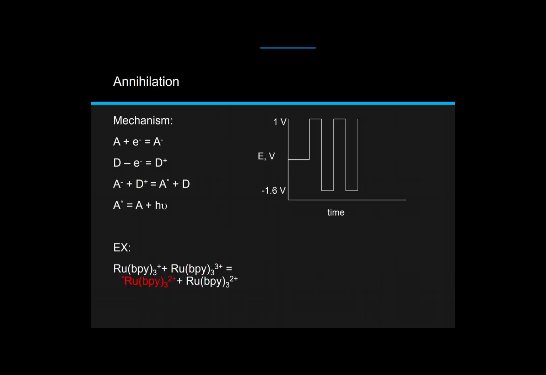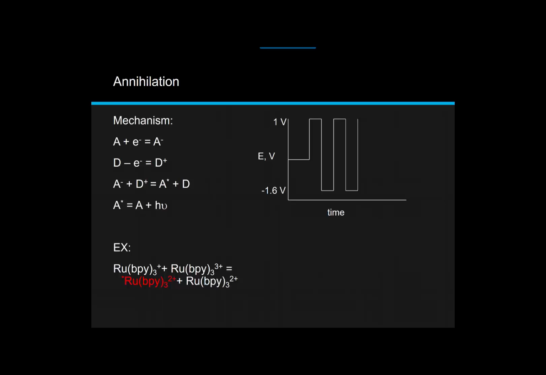And here on this slide, we do what folks often do and show a little asterisk to indicate the photoexcited species. Now, what we're going to do is we're going to carry out the process electrochemically. So we're going to change the voltage in a solution that contains ruthenium tris-bipyridyl, and we're going to step it both in an oxidizing sense and then in a reducing sense, so that we can oxidize the ruthenium.